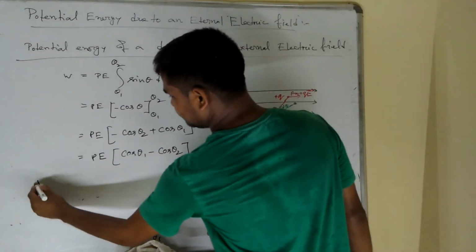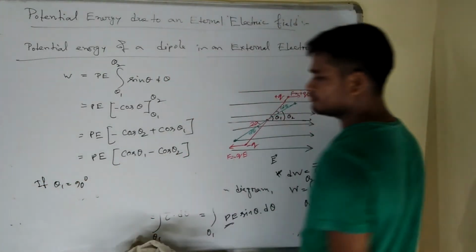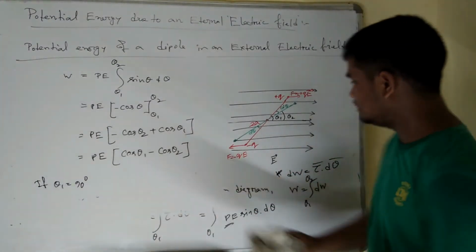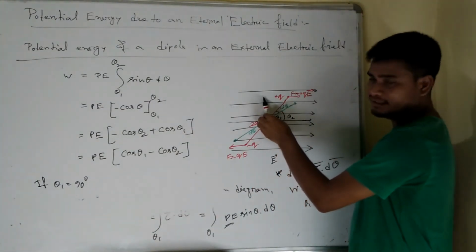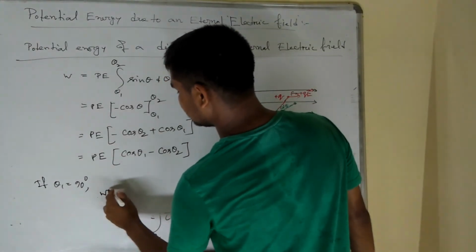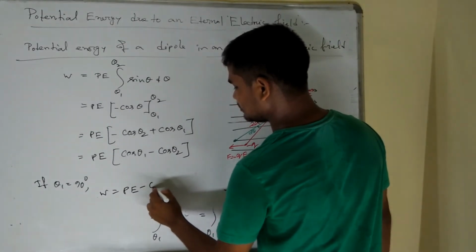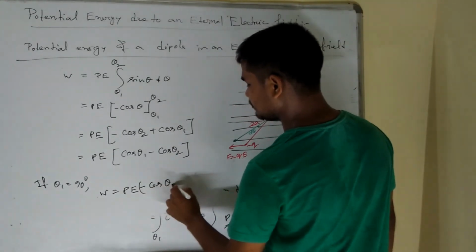Clear? If theta 1 is 90 degrees initially and it is rotated like this, then work done is PE times cos 90 degrees minus cos theta 2.